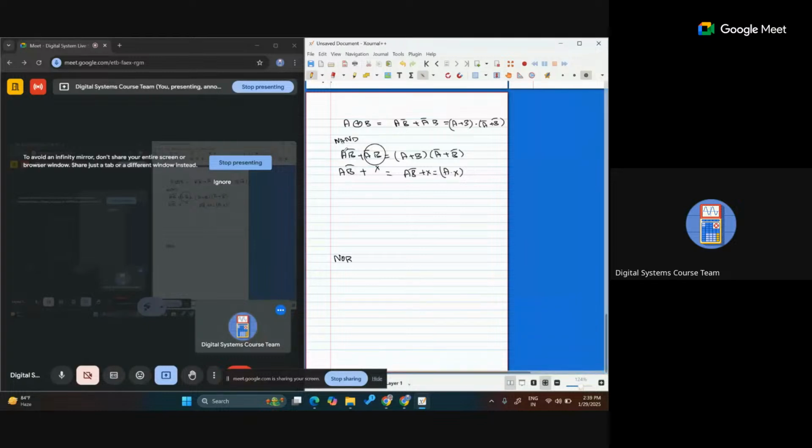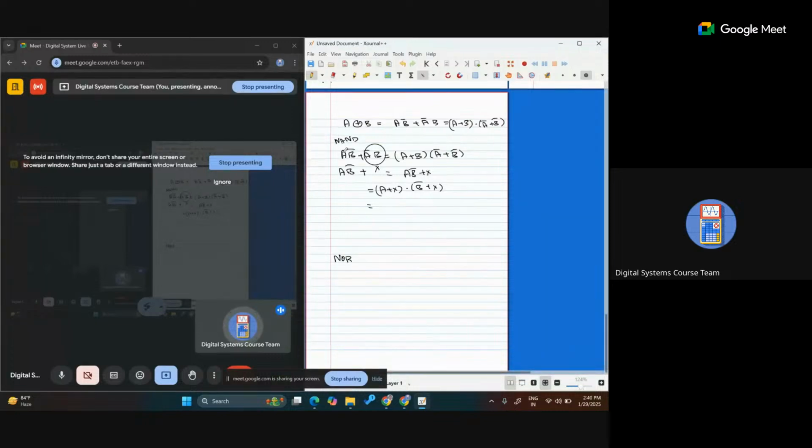I think I was wrong. It can be written as A plus X times B bar plus X. Is it okay? Yes, sir. Now what is X?